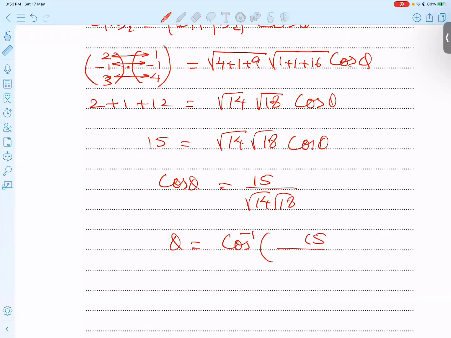So let me find the answer, root 14 into root 18. The matter is simply typing in the calculator. Make sure it is in degree mode. So the answer turns out to be theta is 19.1 degrees.